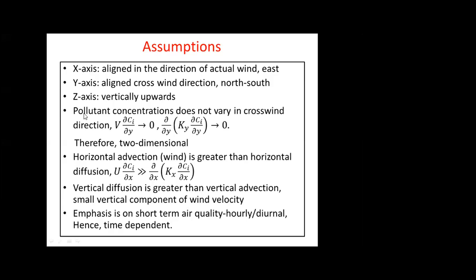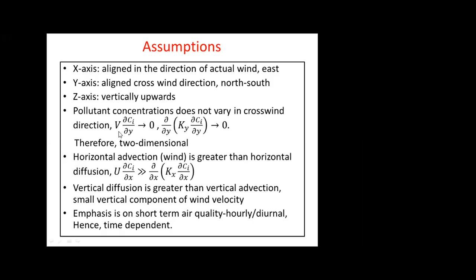And the pollutant concentration does not vary in the crosswind because the pollutant is carried by the wind in the x direction, because we are aligning our x-axis in the wind direction, that is east. So therefore, I can consider the crosswind advection and diffusion 0.